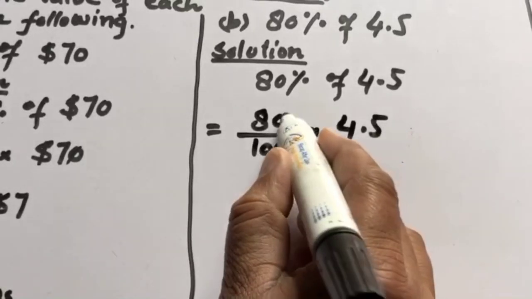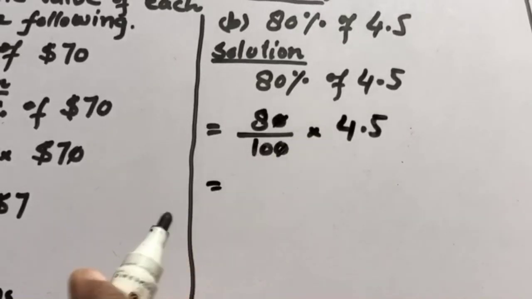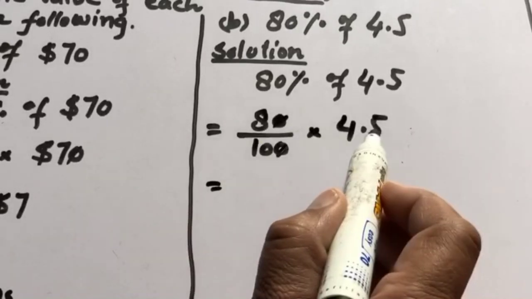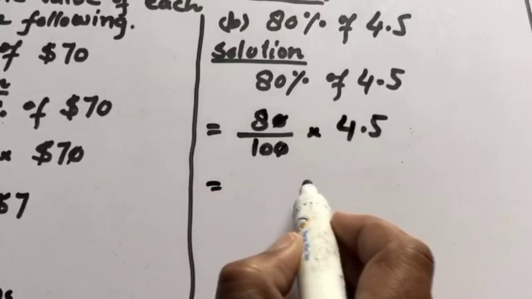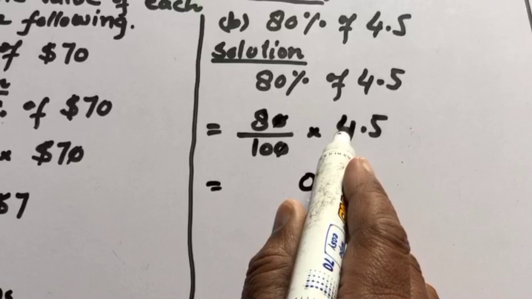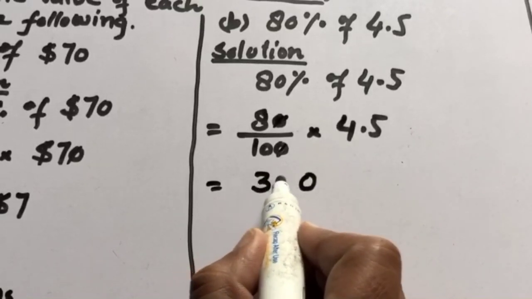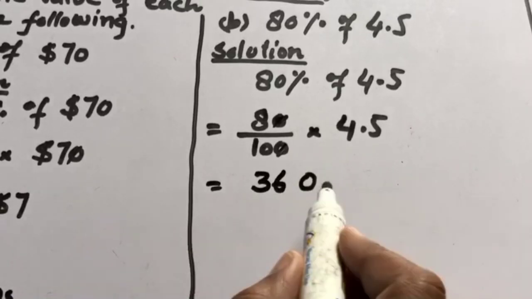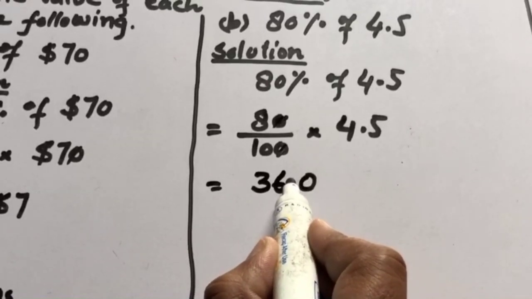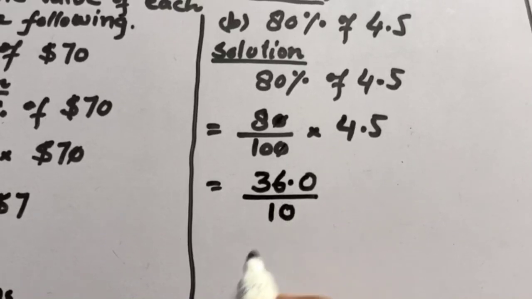0 will cancel out 0. So if we multiply 8 by 4.5, we will have 8 fives are 40, 8 fours are 32, and 4 becomes 36. So it becomes 36.0 over 10.